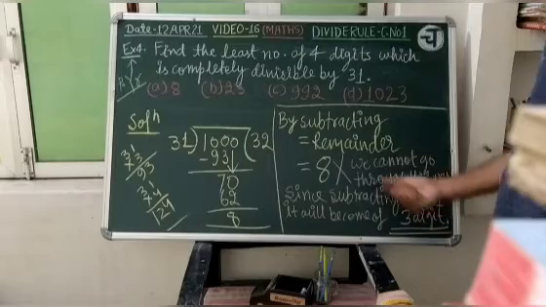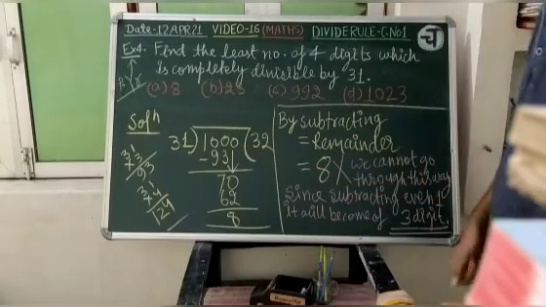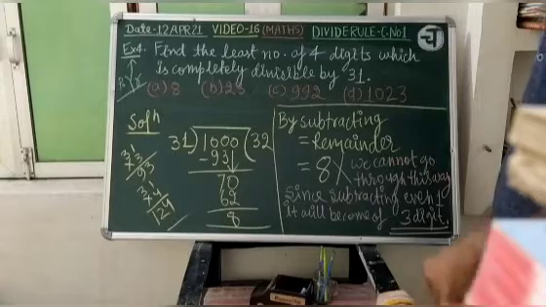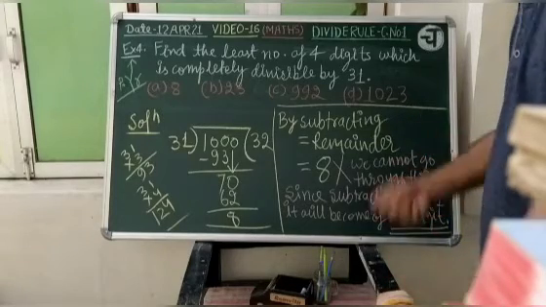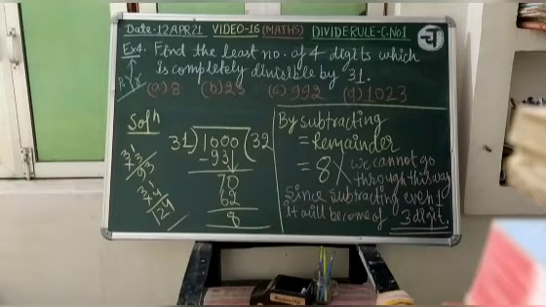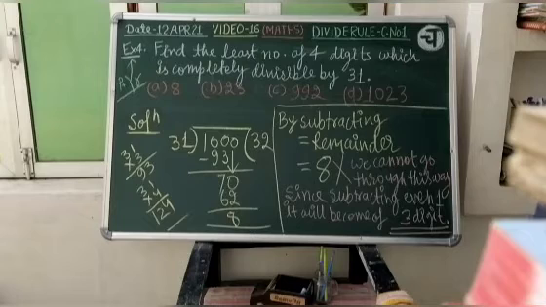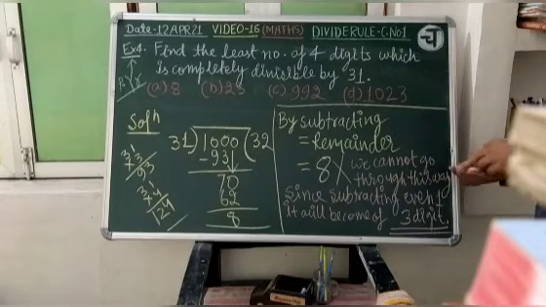So if you subtract 8 from it, you will get 992, and that 992 will have only 3 digits, but we want 4 digits, no? So by subtracting, we can't give the answer. So we will not go through this way.